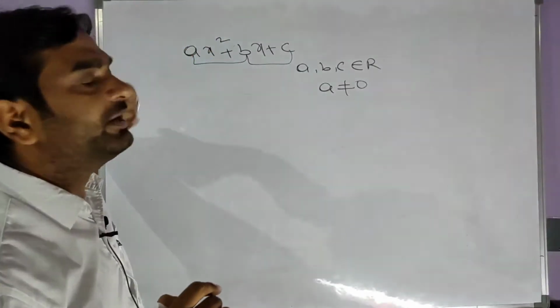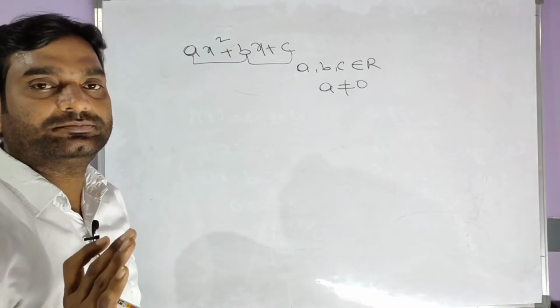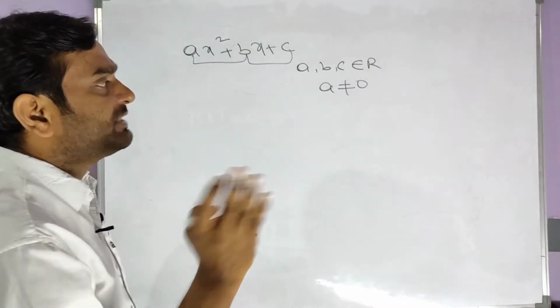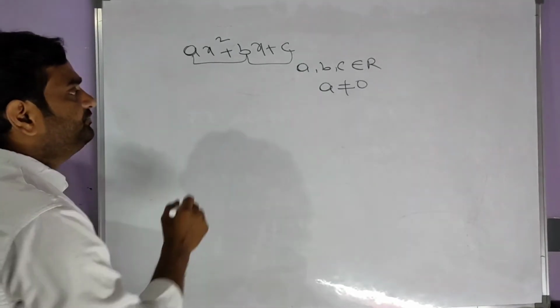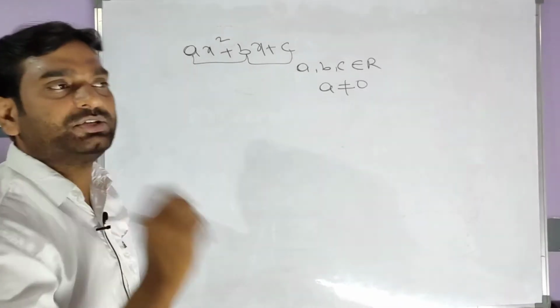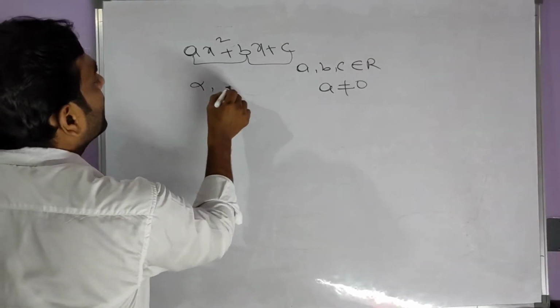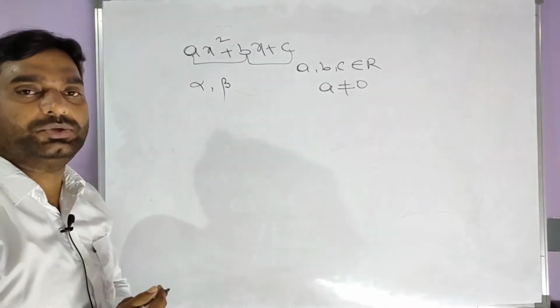It should satisfy the given conditions where a, b, c are real numbers and a is not equal to 0. In case of a quadratic polynomial, you will get 2 zeros. Let's take the two zeros as alpha and beta.